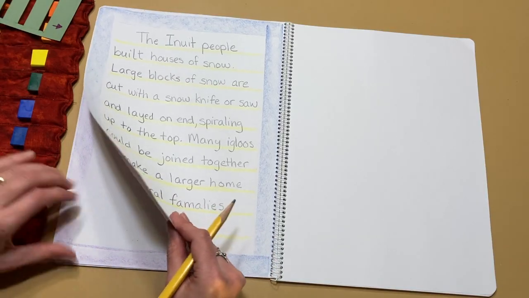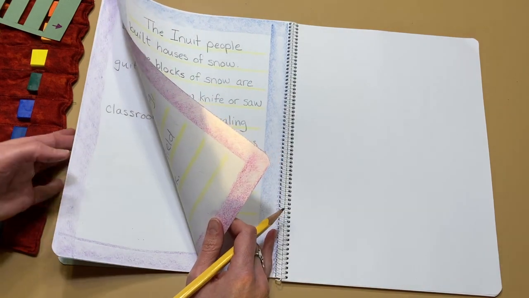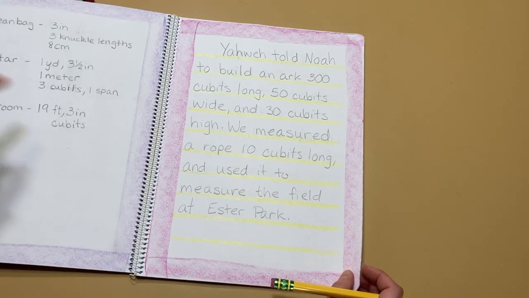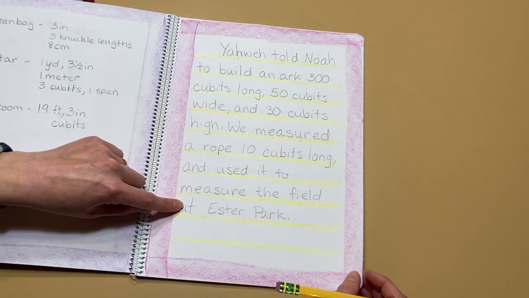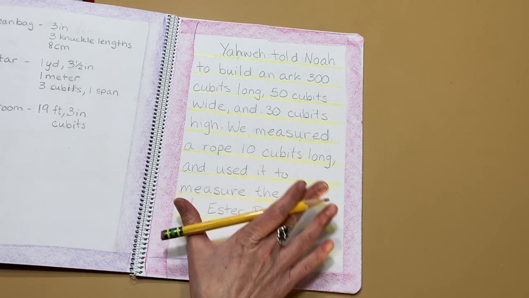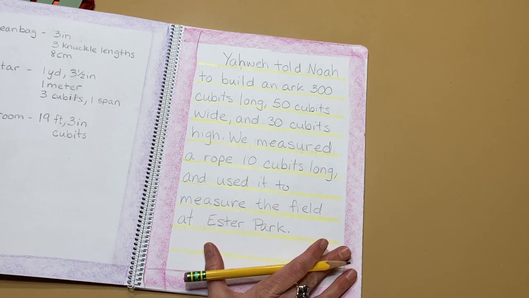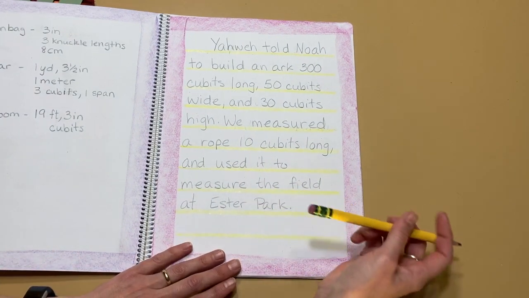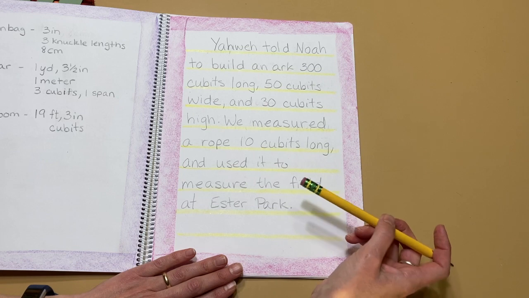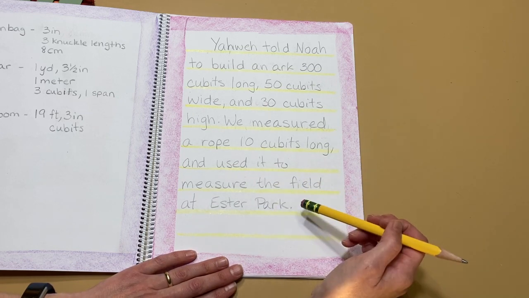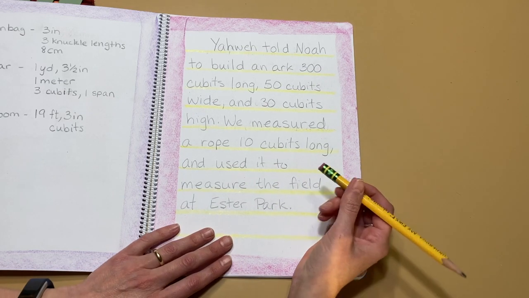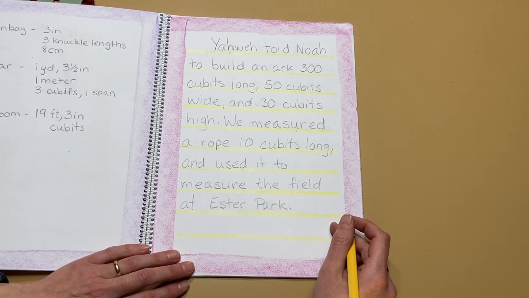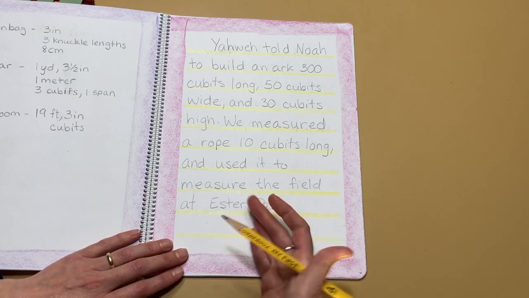I also wanted to point out a mistake that I caught myself making. Do you have words that it seems like you just never remember how to spell? When I wrote this one last week, I hadn't actually done the activity yet, so I didn't know for sure I was going to go to Esther Park. I ended up going there and realizing the field was too small, so we went to UAF instead. We went to the soccer field, and I made a note in here that we went to the soccer field, and I did that on the video, and guess what?